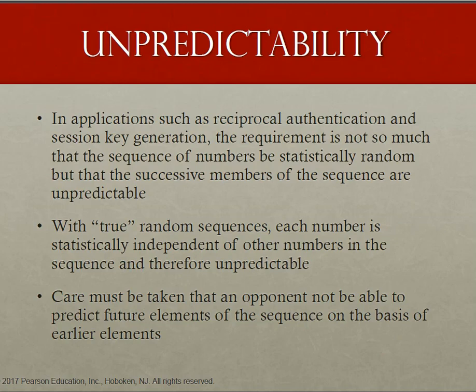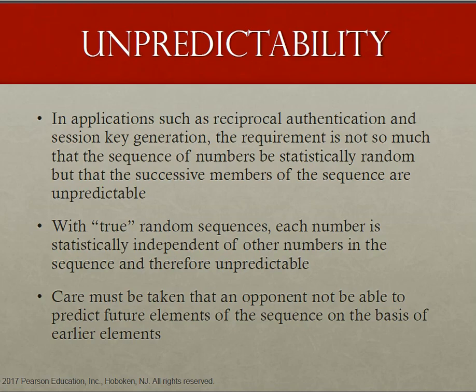Now on predictability. In applications such as reciprocal authentication and session key generation, the requirement is not so much that the sequence of numbers be statistically random, but that the successive numbers of the sequence are unpredictable, because we want to make it difficult for the opponent to find out.